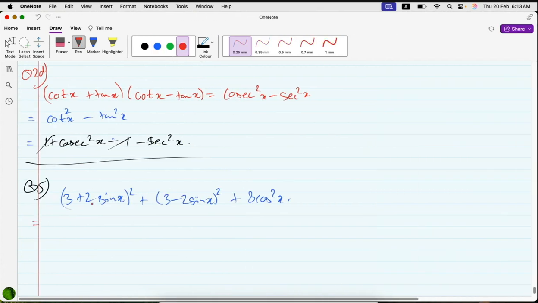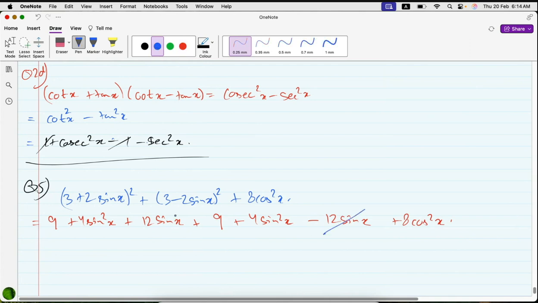All the identities should disappear. a square plus b square plus 2ab, then a square plus b square minus 2ab plus 8 cos square x.